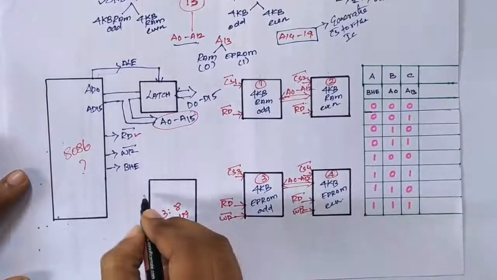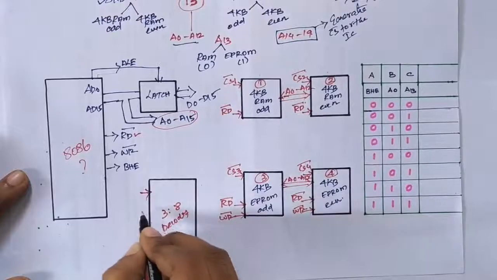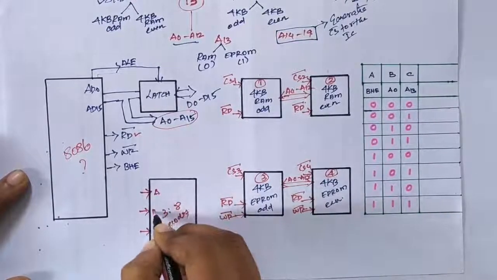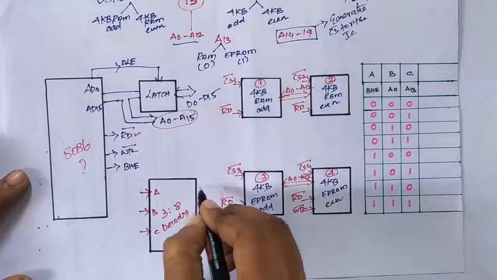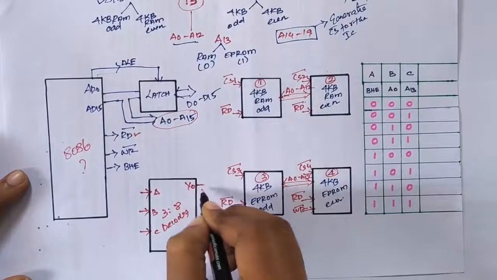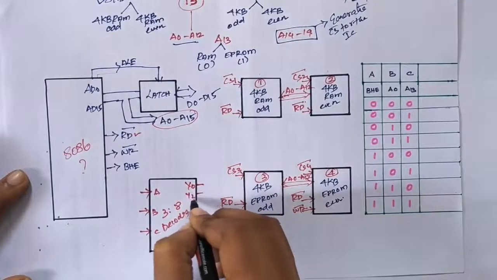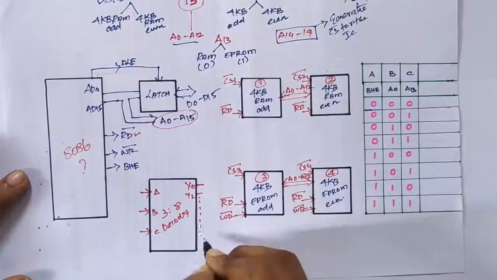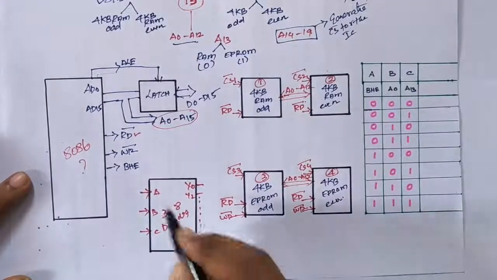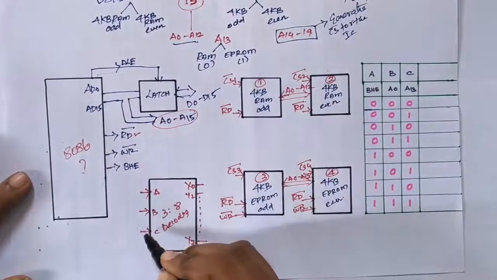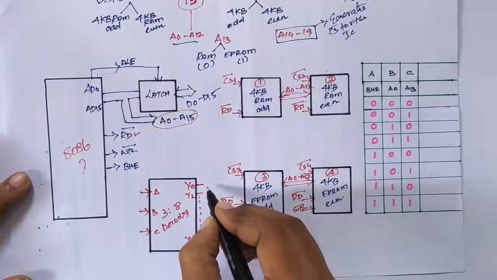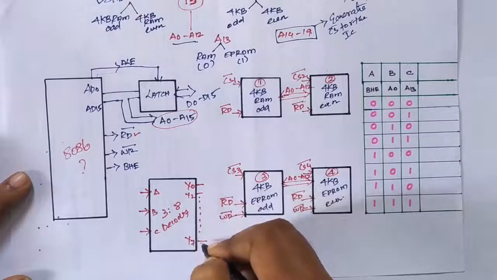This decoder IC consists of 3 inputs named A, B, C, and it contains 8 outputs, starting from Y0 and going up to Y7. While passing the corresponding control signals A, B, C, I can collect the output from Y0 to Y7.